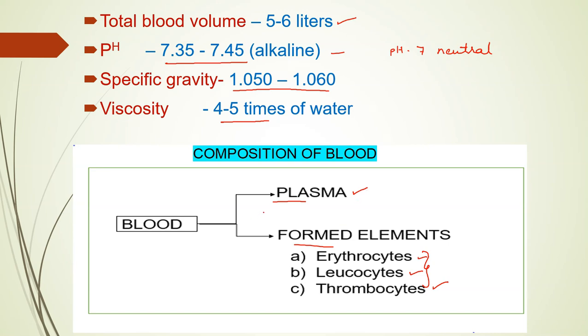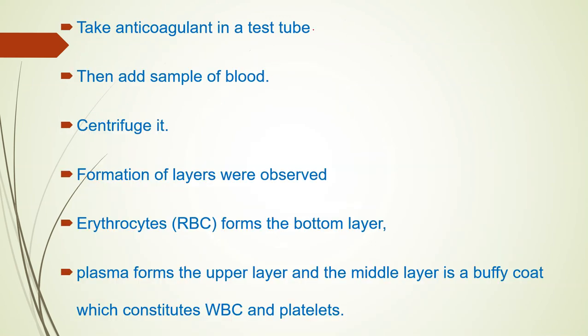We can also state that plasma is blood minus formed elements. Just take a test tube, add the anticoagulant, then add the blood sample into this test tube and centrifuge it.